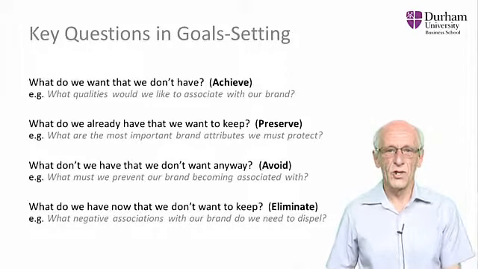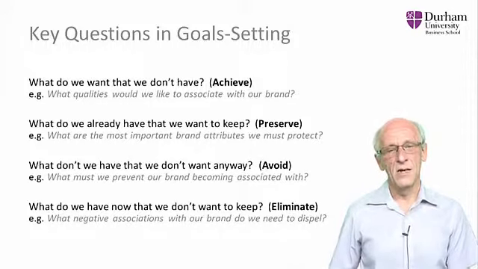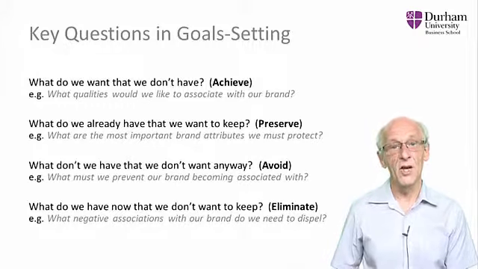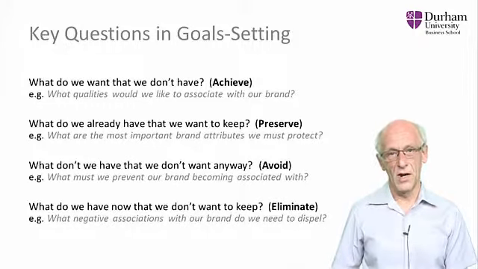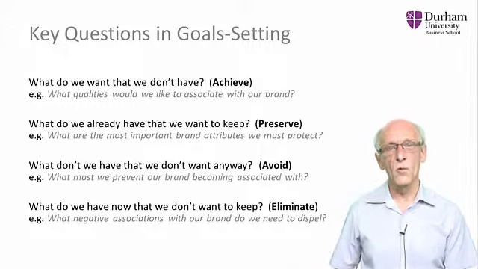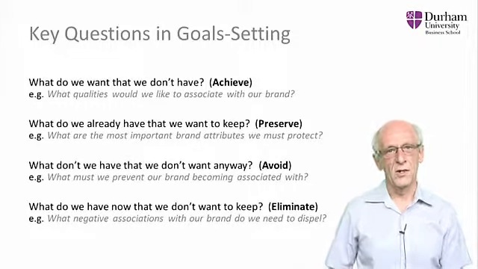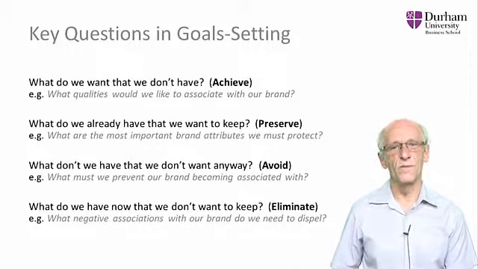And those negative associations have stuck in some way. Perhaps the goal that we're trying to achieve is to eliminate that and restore the integrity of our brand. So those are the four areas, the four themes of a goals grid: achievement, preservation, avoidance, and elimination.